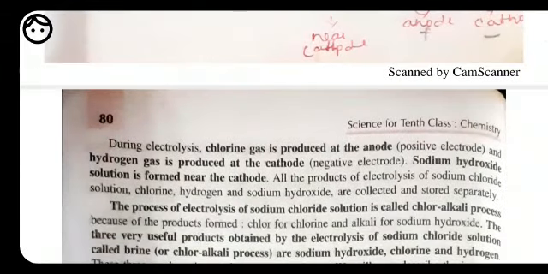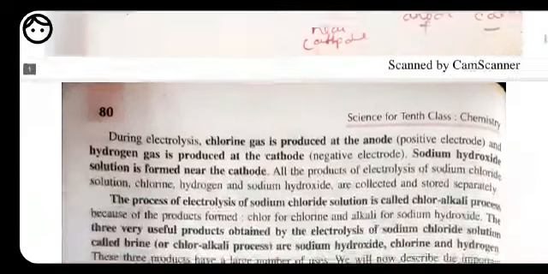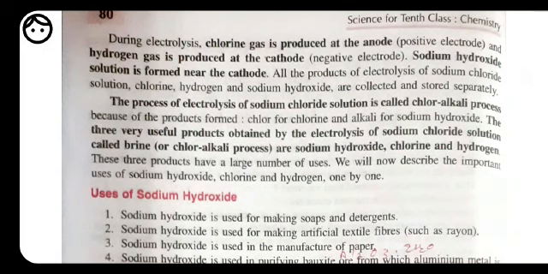Before going further, we also have to discuss something about this process. Because here the formation of sodium hydroxide takes place and chlorine also forms from the brine solution, this type of reaction is also called the chloralkali process.